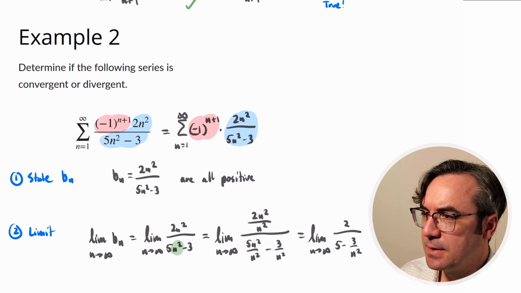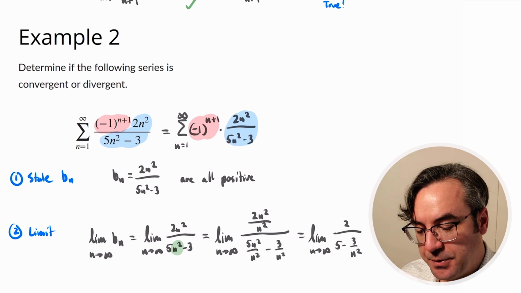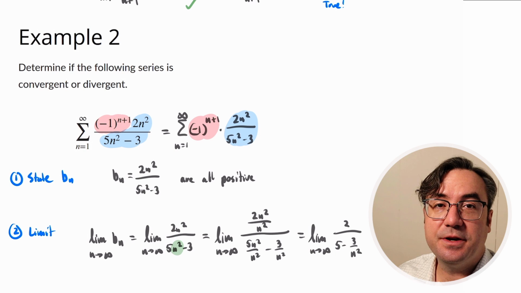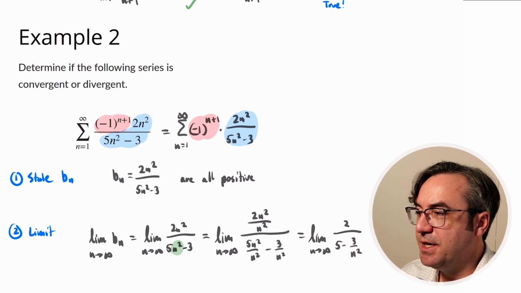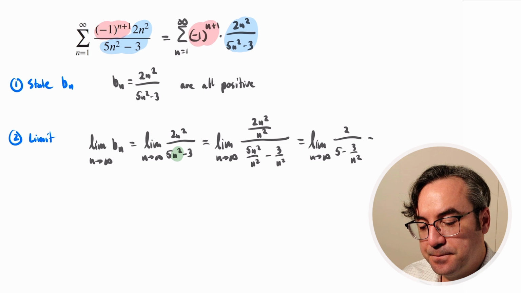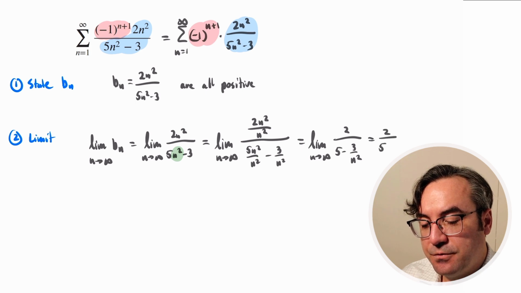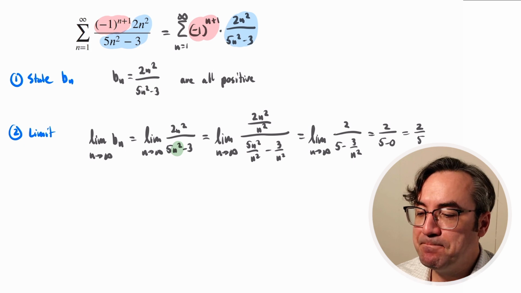Okay. And this 3 over n squared, that's a c over infinity form. So that little fraction goes to 0. And what we see here is that this limit ends up being just 2 over 5. So 2 over 5 minus 0, just 2 over 5. All right, so we calculated the limit.